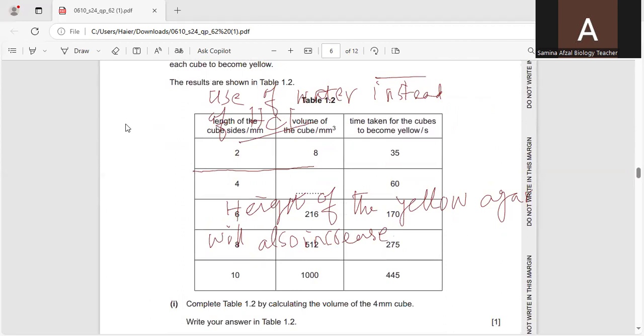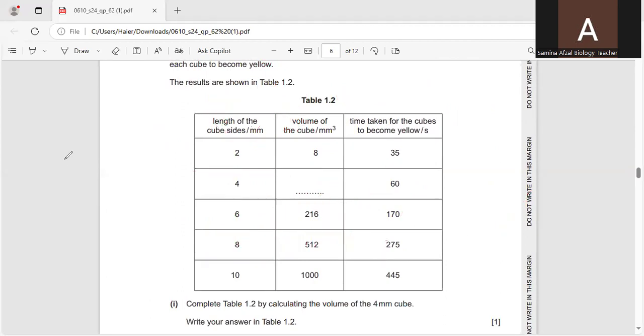Next question. The results are shown in table 1.2. The length of the cube sides in millimeters are 2, 4, 6, 8, 10. The volume of the cube at length 2 is 8, and the time for the cube to become yellow is 35. At length 4, we have to find out the volume of the cube.